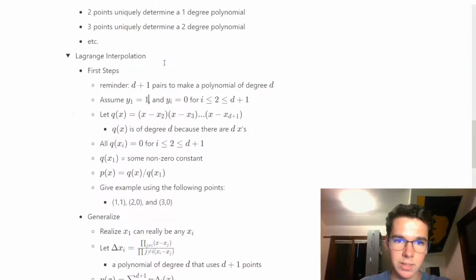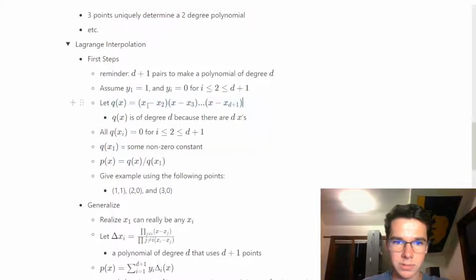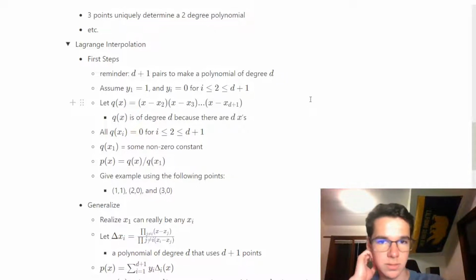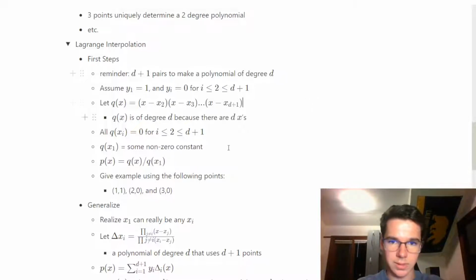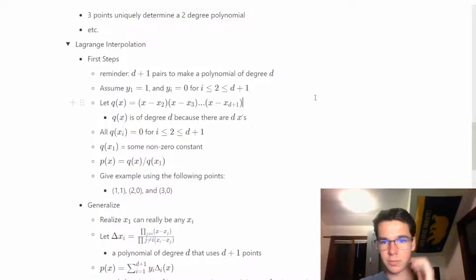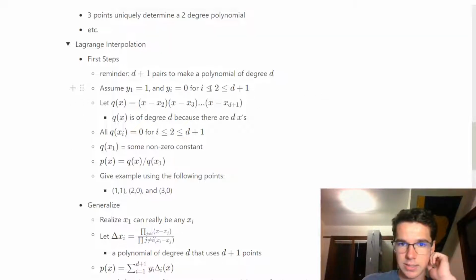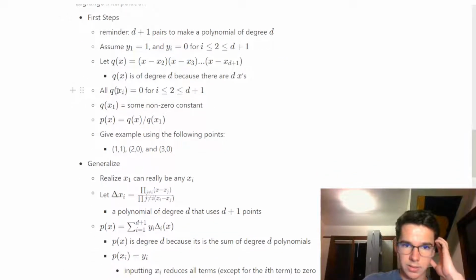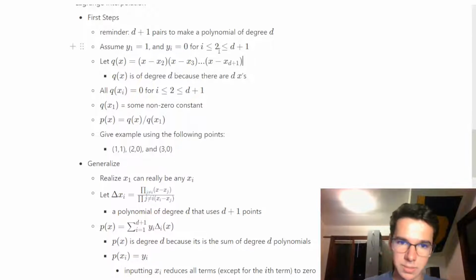And that means that we can construct this other polynomial, we'll call it q of x, where it's basically x times all of its, these are technically all roots, right? Because if we pass in, say, x_2 for example, it's going to zero out this polynomial. And again, for all x_i's, it's going to equal 0 for as long as the i is at least 2 or up to d plus 1.